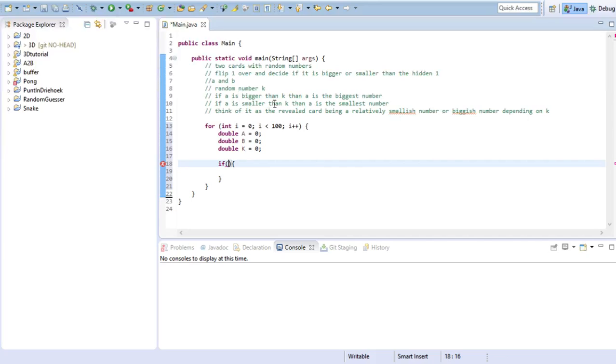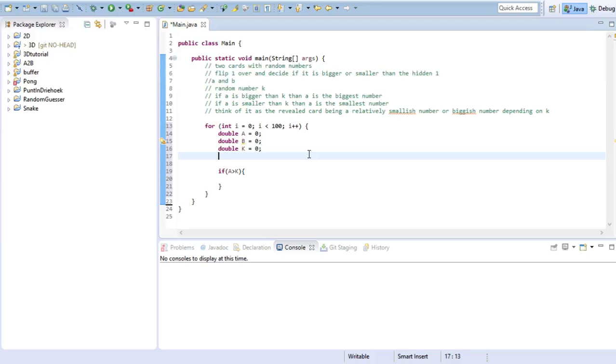If A is bigger than K, then A is the biggest number. Okay, if A is bigger than K, okay, and here I guess I will make a boolean.